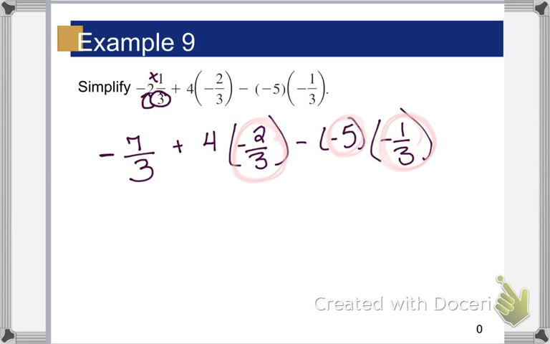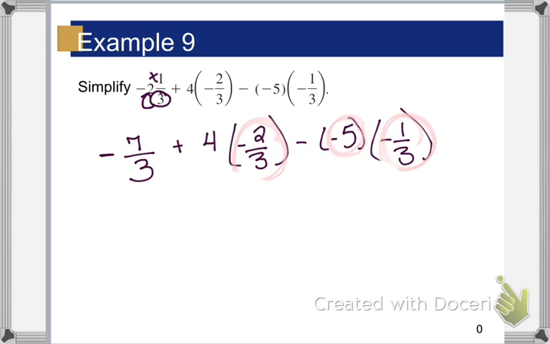However, is there anything inside of those individual parentheses that can be simplified? Now, I'm not talking about things out here, like multiplying. I'm talking about inside. Is there anything that I can do with negative 1/3? Is there anything I can do with negative 5 or negative 2/3? There's not. And so I leave those alone.